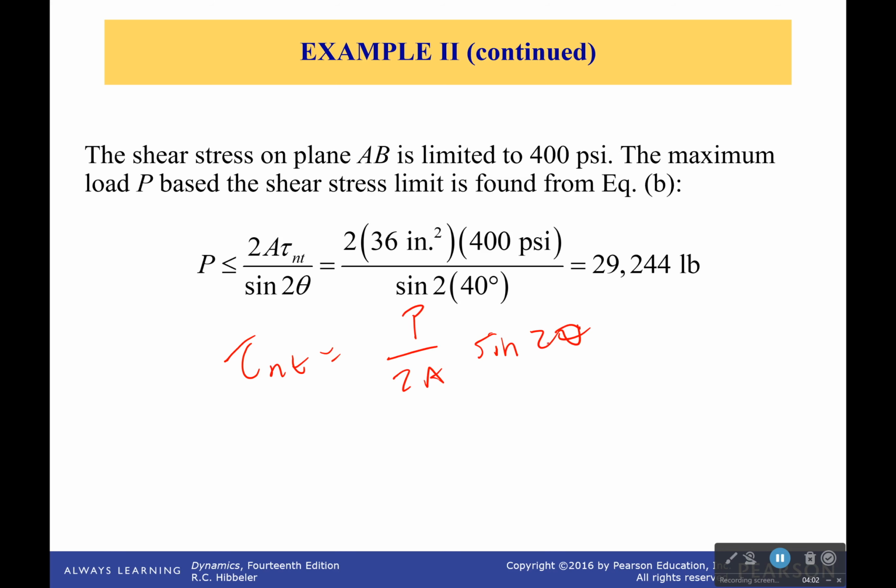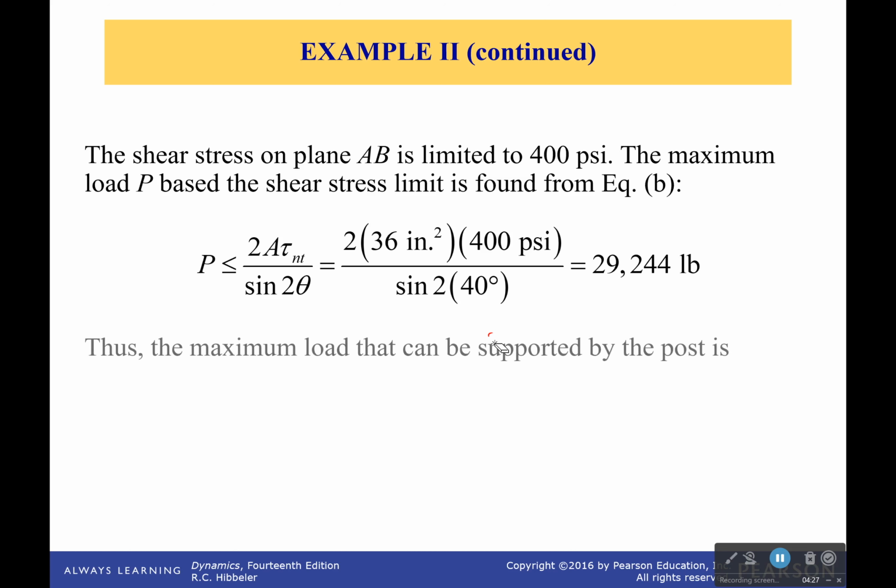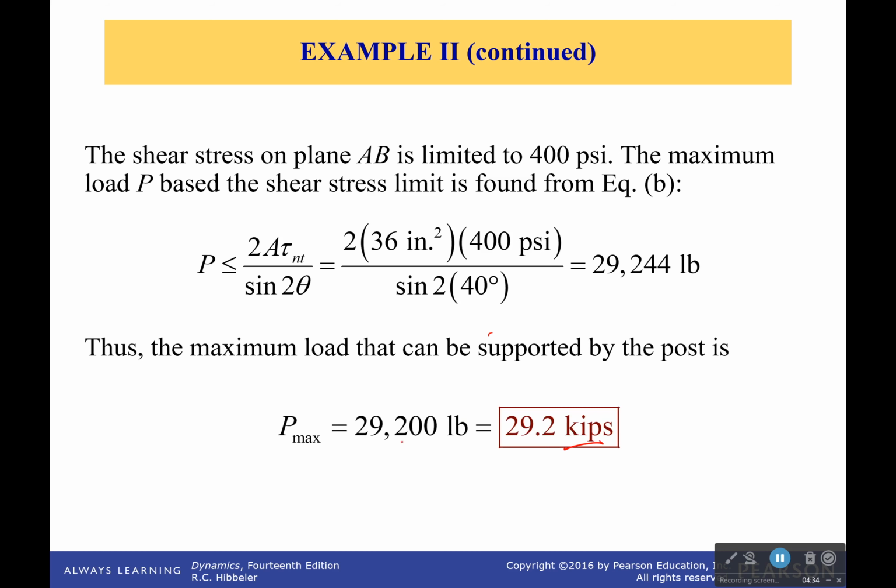And then all we did was we solved for P. So multiply the shear stress by 2A, so 2A tau nt divided by sine of 2 theta, and that's going to be equal to our load. Now we want to make sure that our load is less than or equal to whatever this value is. We have to be careful. Let's check it and see what it's going to come out to be. And it comes out to be 29.2 kips, or 29,200 pounds.